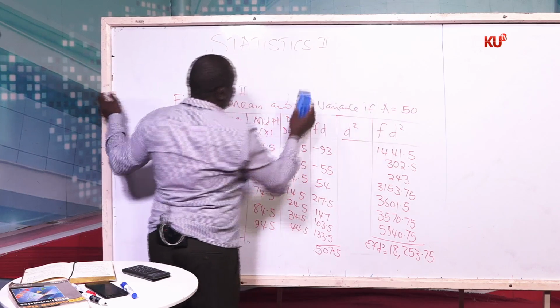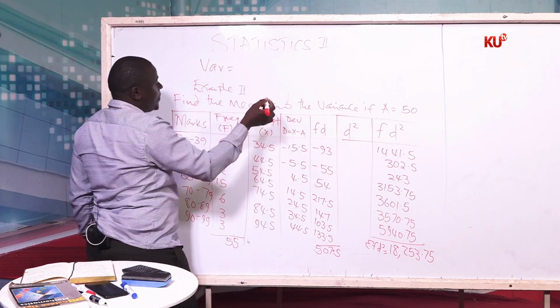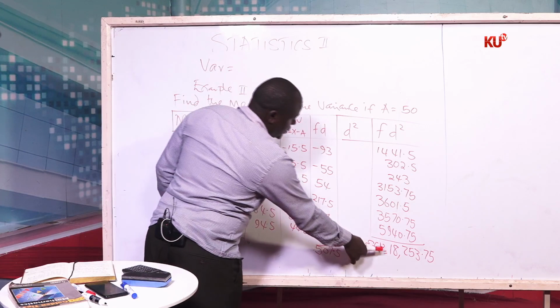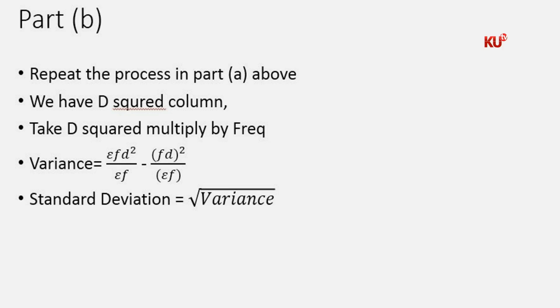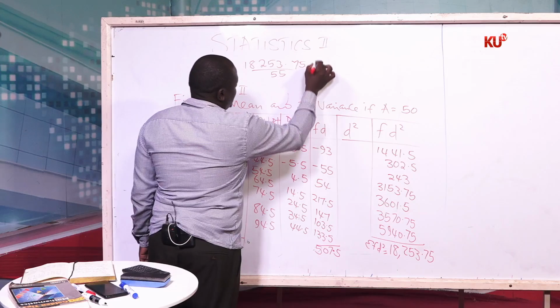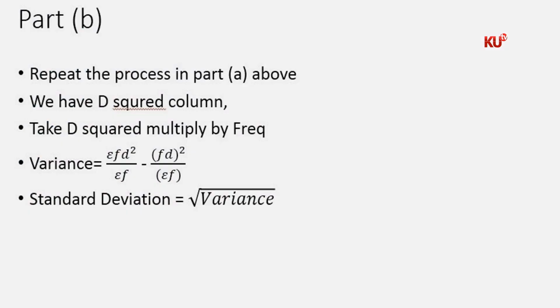We had already indicated the formula, and therefore variance is given by summation of FD squared, which is 18,253.75, divided by 55 minus, not plus, minus, it is well indicated on the slide, minus summation of FD, that is 507.5 over 55, this squared.